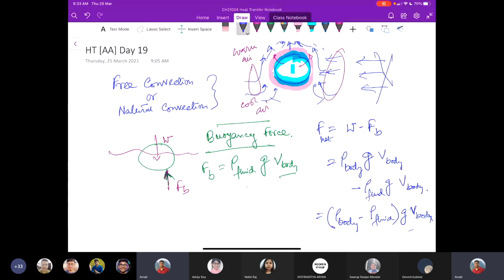There is no gravity in space, and therefore there cannot be any natural convection heat transfer in any of those spaceships or spacecraft, even if you fill them with, say, atmospheric air.